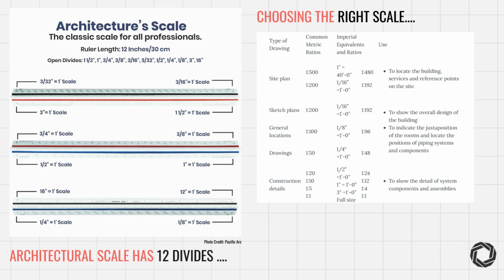And if you have a bigger site, 1 inch equals 40 feet might be a scale to use to demonstrate services or reference points on a site plan. And if we jump to drawings, 1/4 of an inch equals 1 foot is typically what is used in sections, section elevations, or any perspective drawings that one can use for their project.